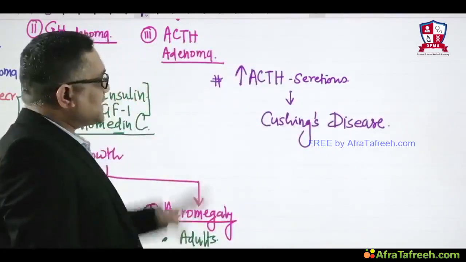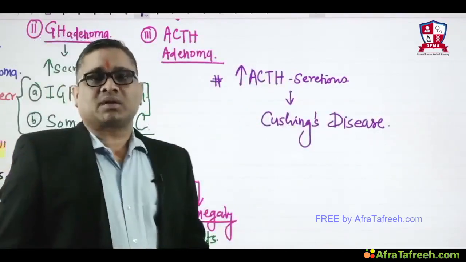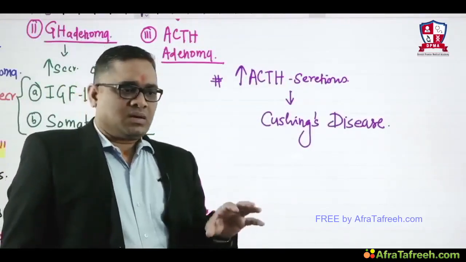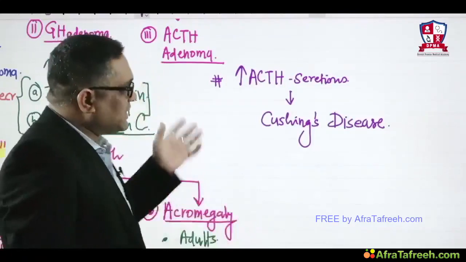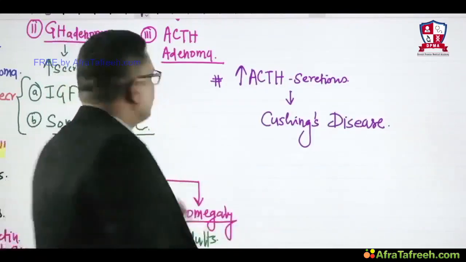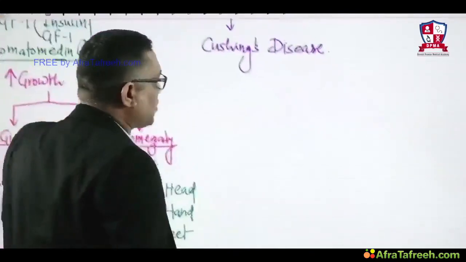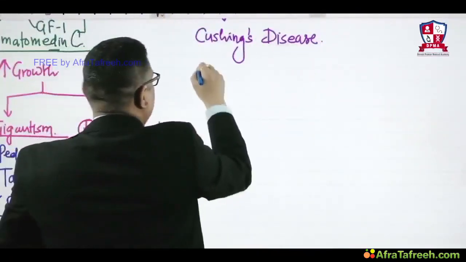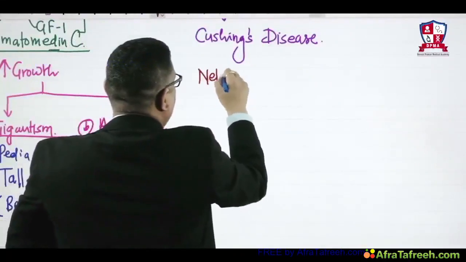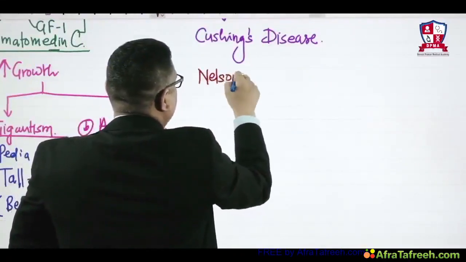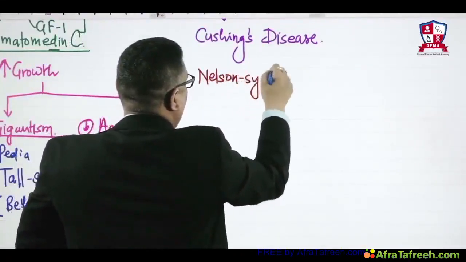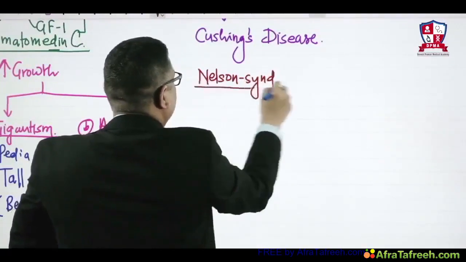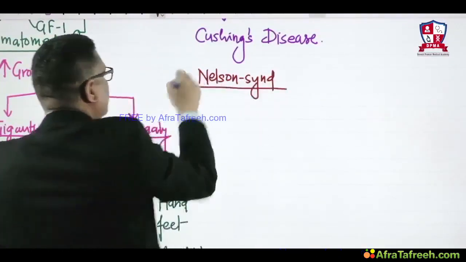This excessive ACTH secretion can be because of the ACTH adenoma secondary to adrenal resection. Here I want to explain one important syndrome associated with ACTH adenoma, that is called Nelson syndrome. Right, that is an important point associated with ACTH adenoma.